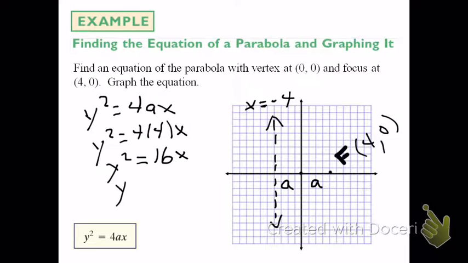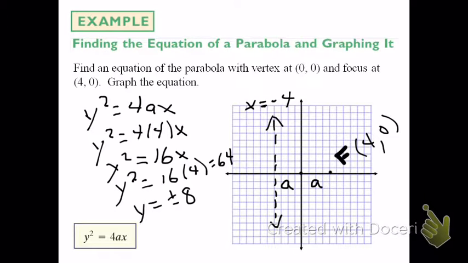So we're going to have y squared is equal to 16 times 4, which is 64. And so our y's that are going to go with that x of 4 are going to be plus or minus 8.